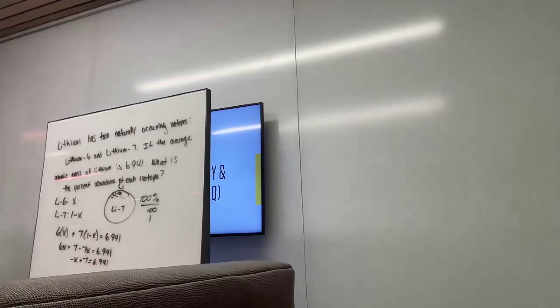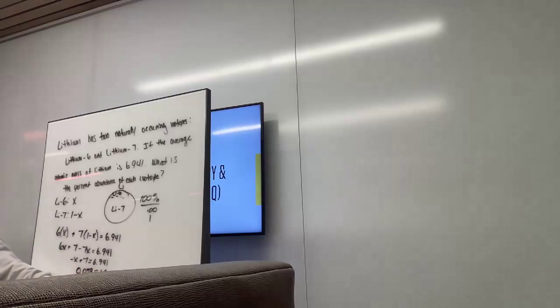I like my x positive, so I'm going to add x to both sides while I subtract 6.941 from both sides. And directly we get that x is equal to 0.059.